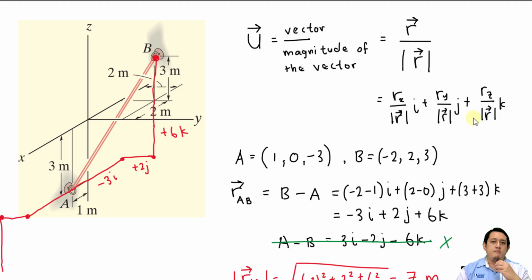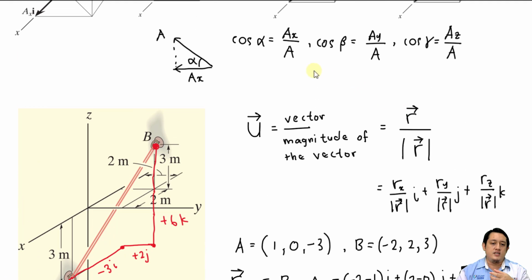If we recap our previous lecture, this one here, can you see? Ax over magnitude A, Ay over magnitude A, Az over magnitude A. Can you guess the relation?